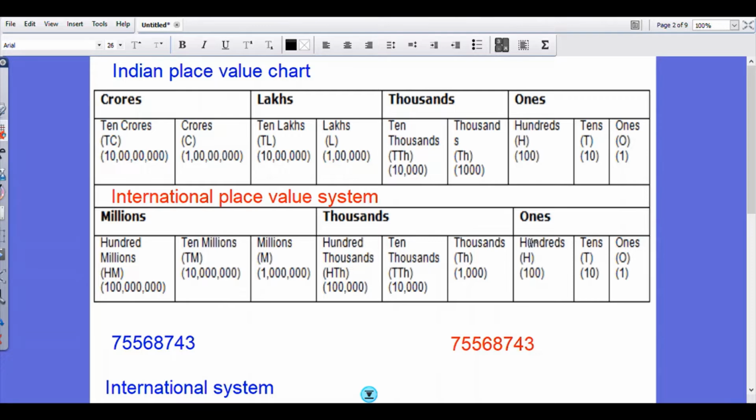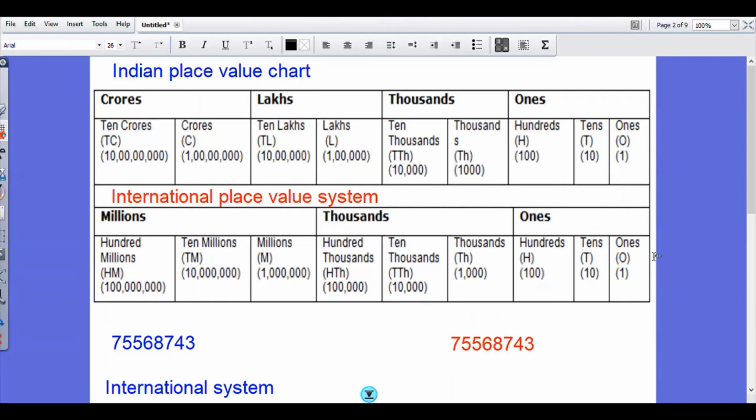Now see, what is the difference between these two? Observe both tables. We observe that in the international system, we start grouping the number from the right in groups of three, called periods.